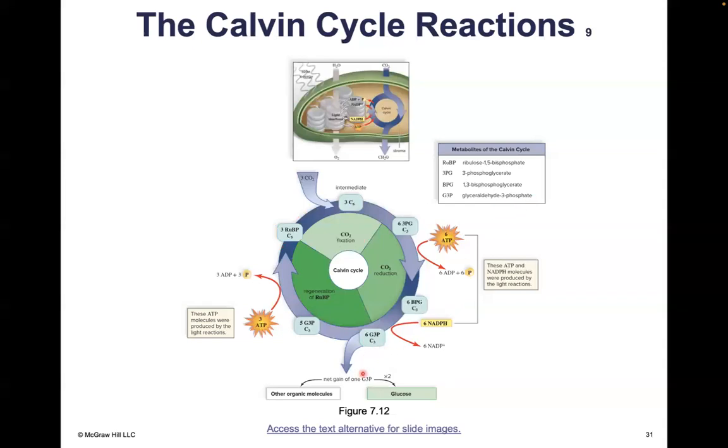At this point, it's got three carbon molecules, as we already mentioned. Here we had six when this was fixed, but in this case it got reduced and split into three.